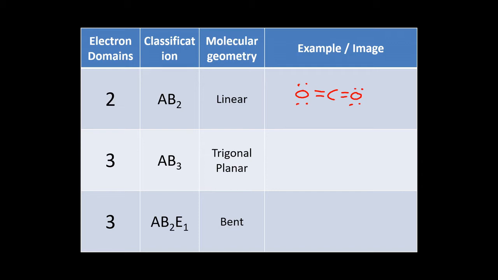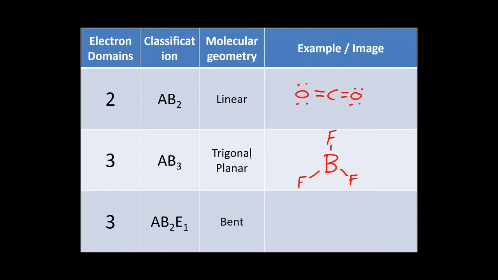What if we have 3 things attached to the central atom? If we have 3 things and all of them are bonds, we might have something like boron trifluoride. And I am drawing the 3D structure here. So boron trifluoride is going to have what we call a trigonal planar structure.